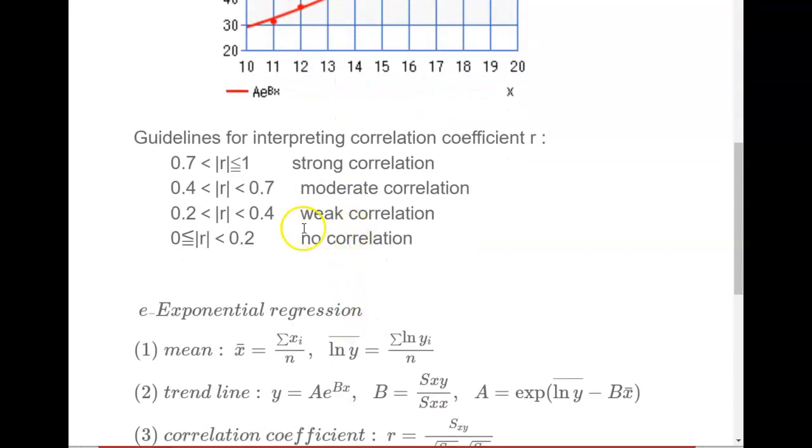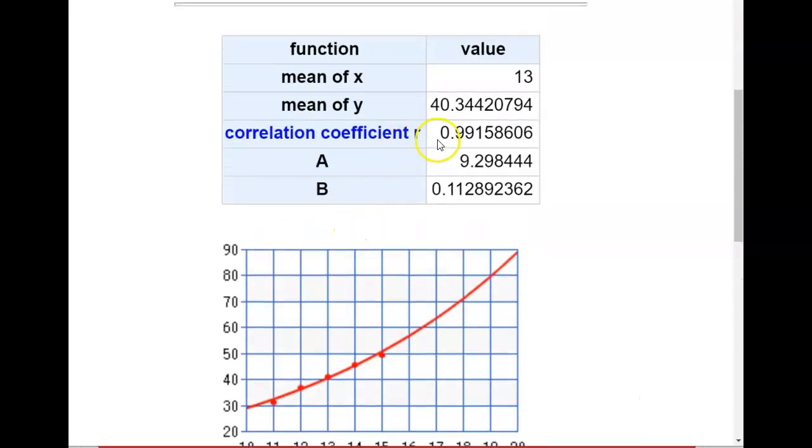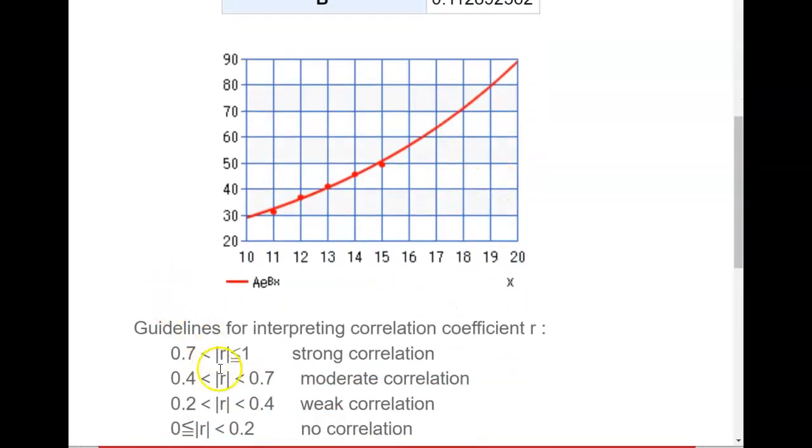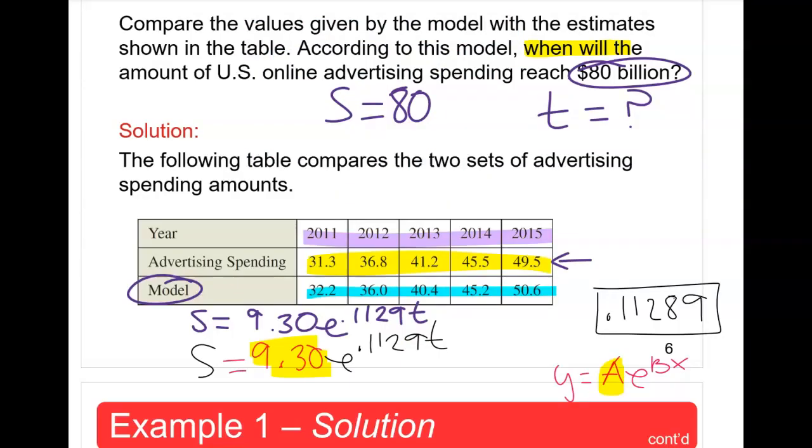So if you notice here, our coefficient is a 0.99. So since it is between 0.7 and 1, it is a very strong correlation. So that's why the numbers that you see here are not exactly the same per year.